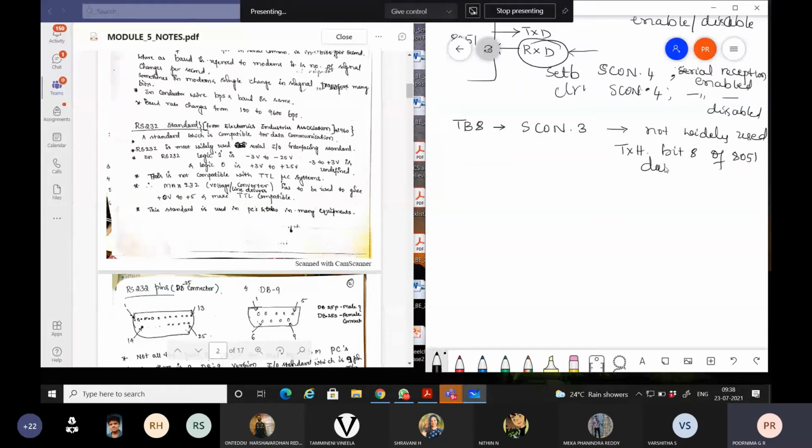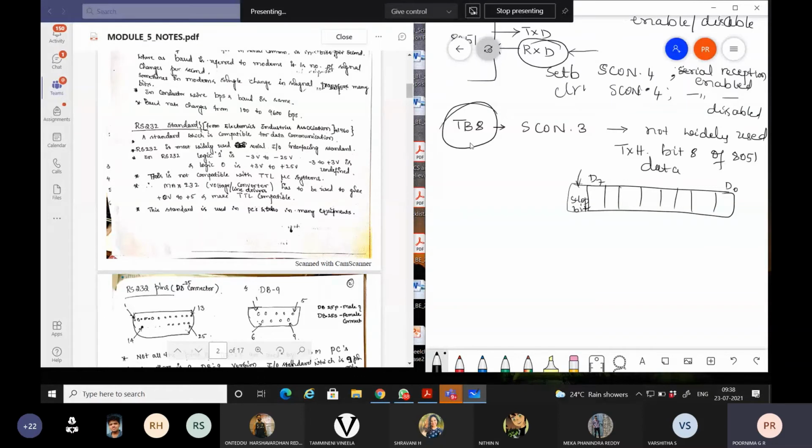So what does that mean? A frame will have 8 bits, right? These 8 bits are represented as D0 to D7. But if the frame has some extra bit, it can be transmitted through TB8.